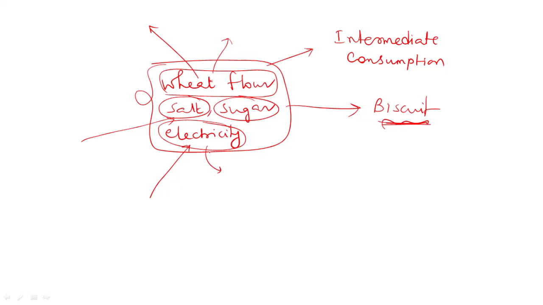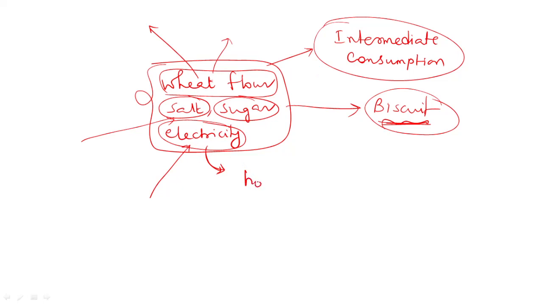However, for any other person or any other industry, these products can also be directly available in the market as final products. So this is the difference between intermediate consumption and final consumption. So biscuit is a final consumption product and all these are intermediate consumption products. These are also final consumption products for, let's say, households. Households means individuals like you and I who are not producing anything but who are consuming. So with this knowledge, let's go forward.